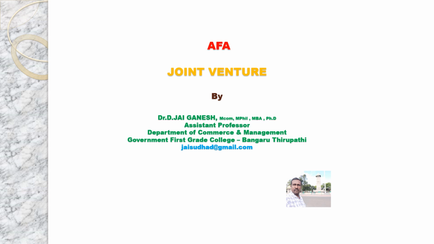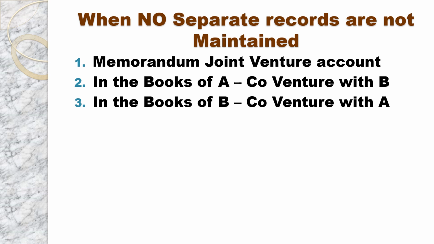Today, let me teach you joint venture where separate accounts are not maintained. Under what situation are no separate records maintained? Whenever transactions are very small in number, we go for a system where the books are not maintained separately.